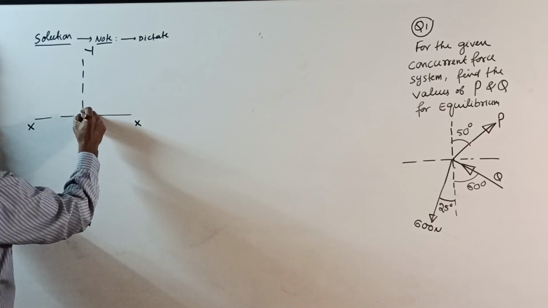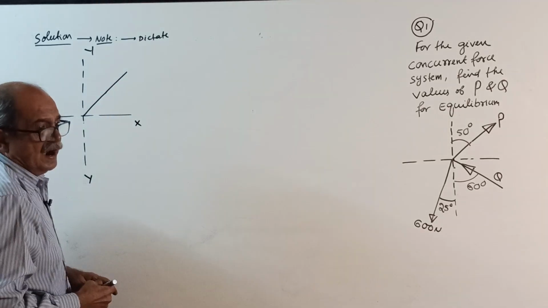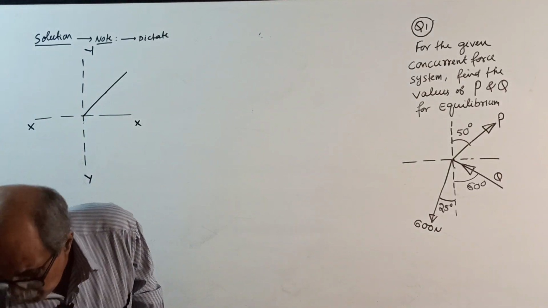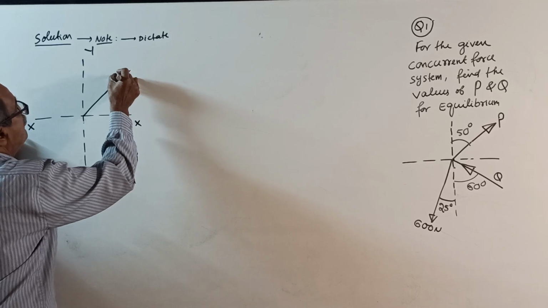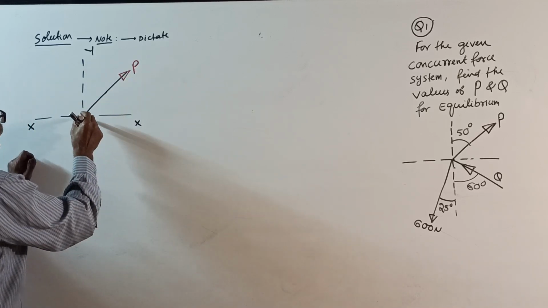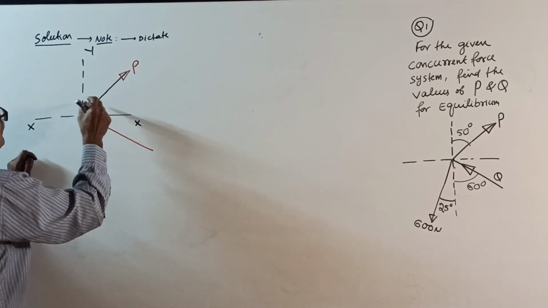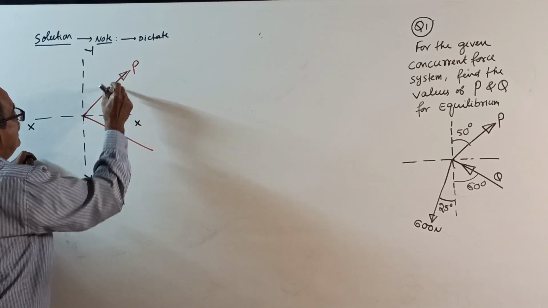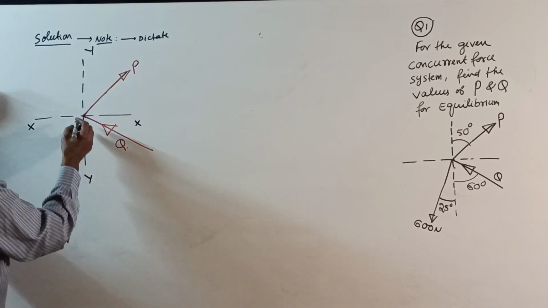Then this force is P. Remember, P is an unknown force, so I will use red color for that one. This is P. P is unknown; the angle is not unknown. Then one more force is Q. Let it be red, no problem. This is your Q. One more force is here.